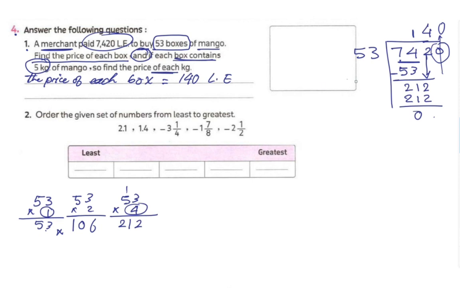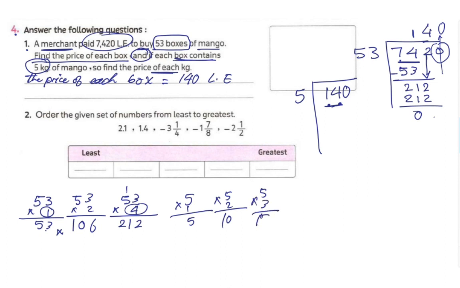So I need to divide 140 by 5. Start with 1, no way. Take 4 with you, so we have 14. 14 by 5. 5 times 1 equals 5, 5 times 2 equals 10, 5 times 3 equals 15. So 14 is in between 10 and 15.